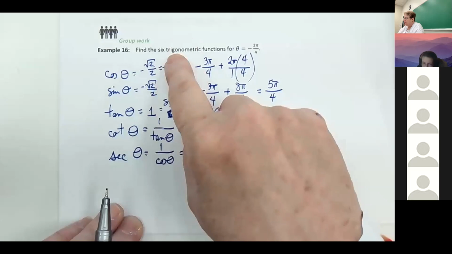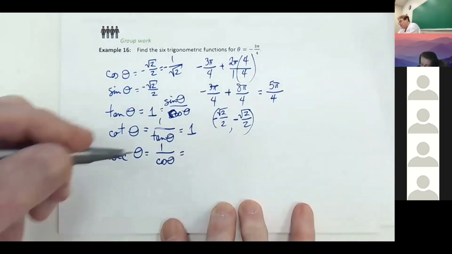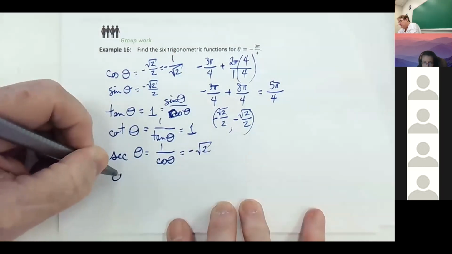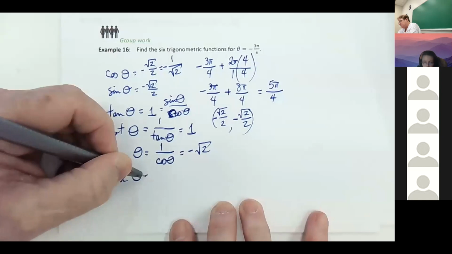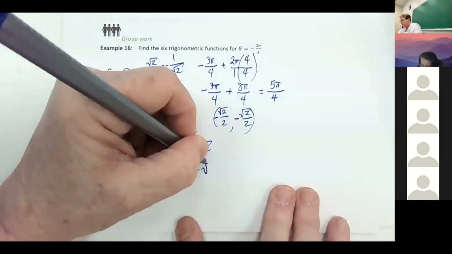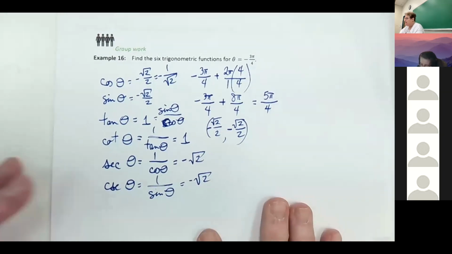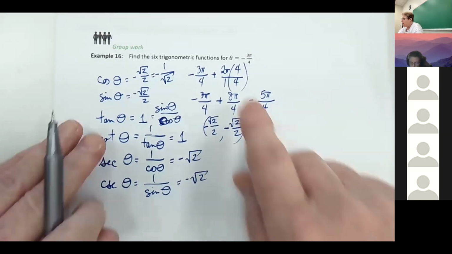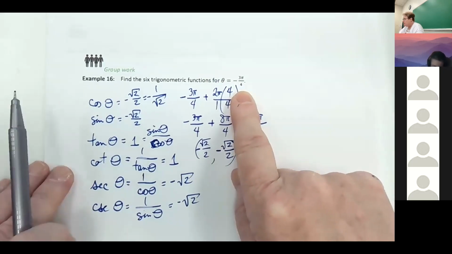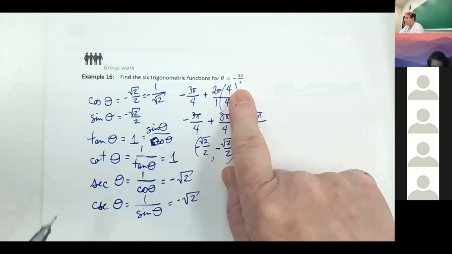What is the reciprocal of 1 over square root of 2? Good. And the cosecant will also be negative square root of 2. So the key is figuring out what the angle actually is between 0 and 2 pi, and then figuring out what quadrant it's in.